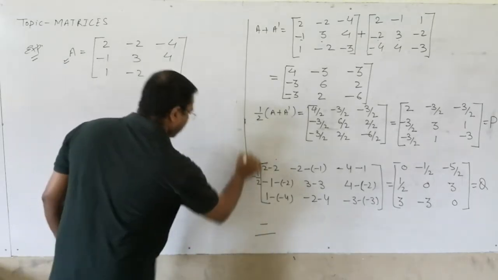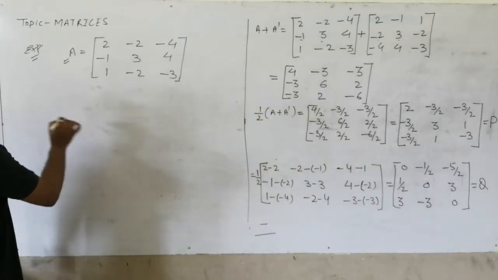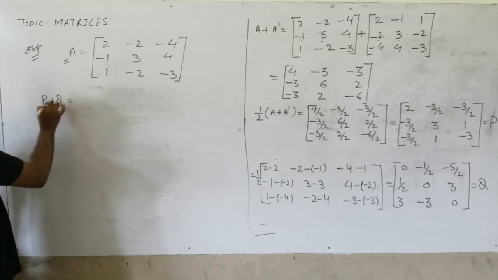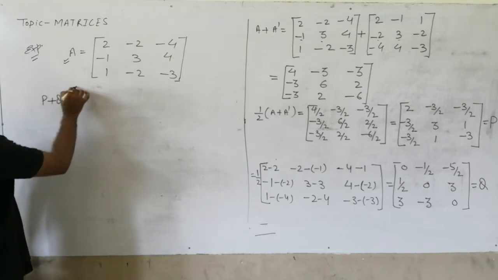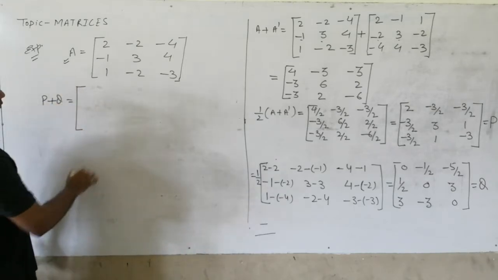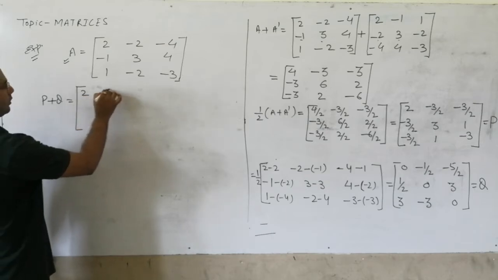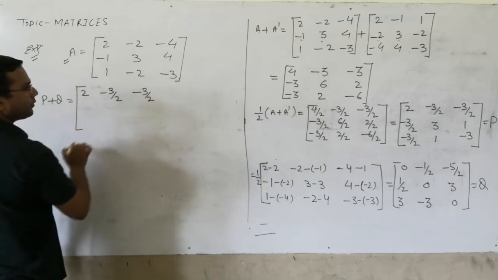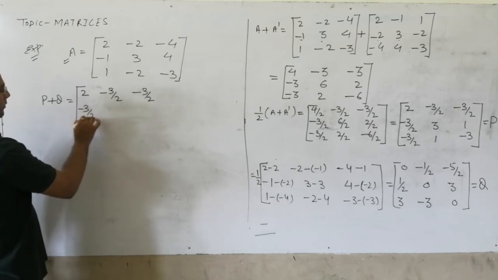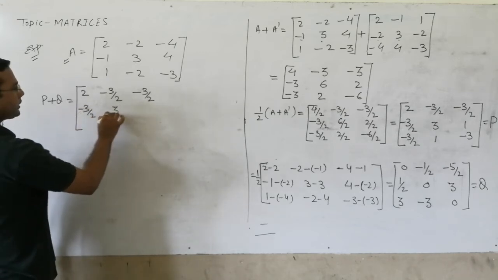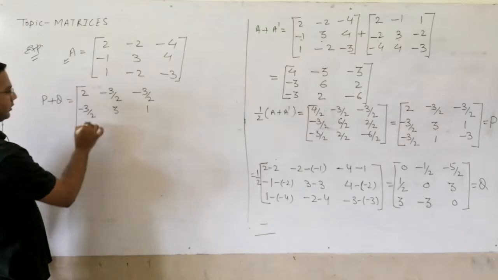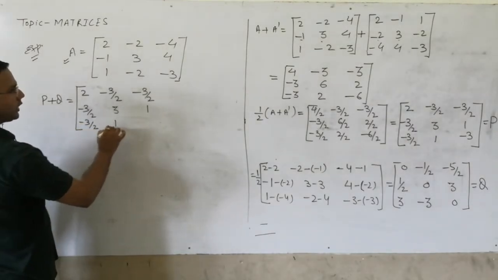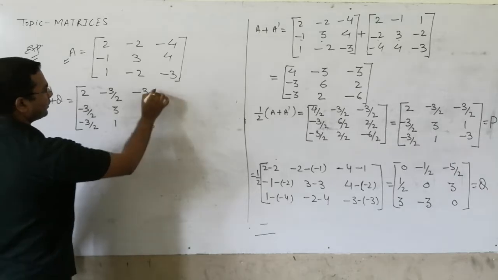See, I am taking the value of P and Q, and we want to find whether P plus Q, what is the value of P plus Q? So matrix P I am writing, it is 2, minus 3 by 2, minus 3 by 2, again minus 3 by 2, 3, 1, minus 3 by 2, and 1, and minus 3.